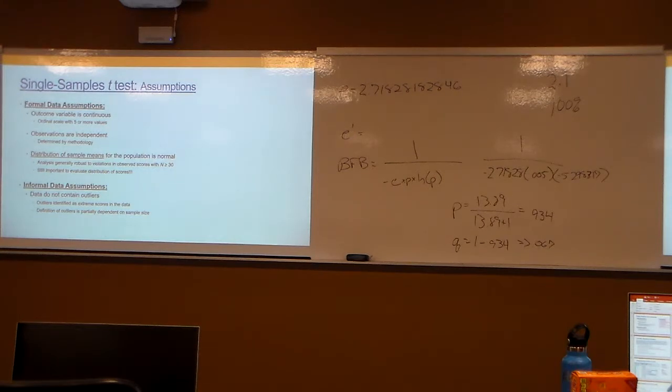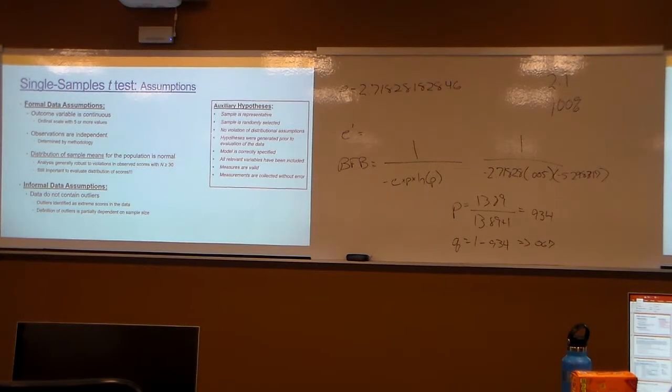Other questions on this stuff? Okay. In addition to our formal assumptions, we've got all these other assumptions. We always need to be thinking about them, keeping them in the back of our minds. Whether I'm looking at my own research or evaluating other people's research, I should think about to what extent the data are in keeping with these auxiliary hypotheses.